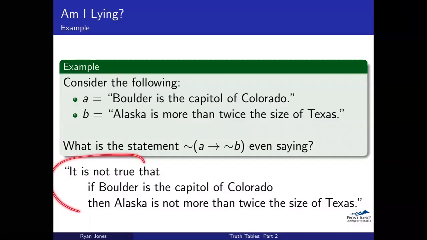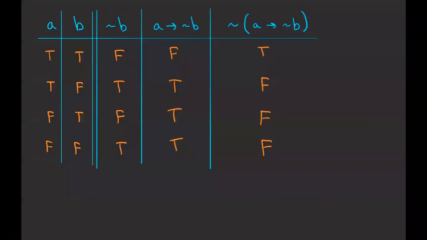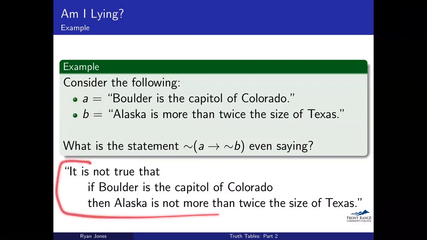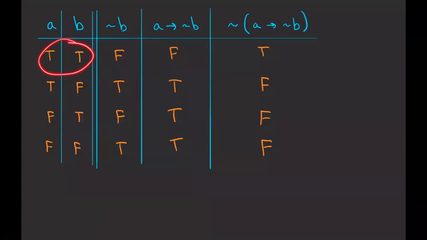You could say that this is false, and you'd have a 3/4 chance of being correct without even knowing whether A and B are true. You can almost say for sure that this is false. But if A and B are both true, then that big statement there is true. So that's sort of what we're getting at with these truth tables here.